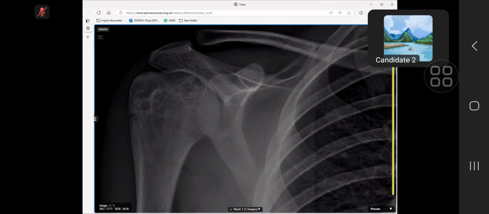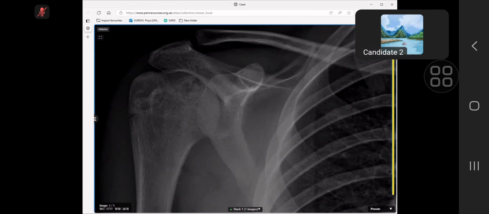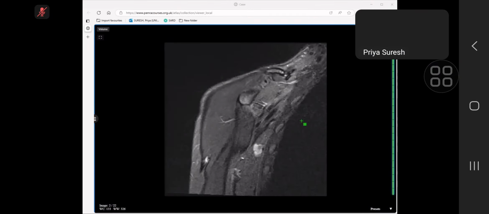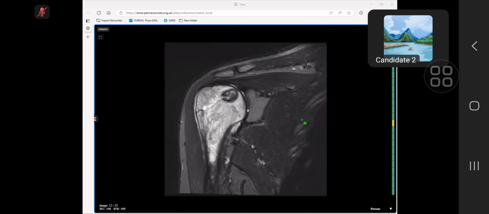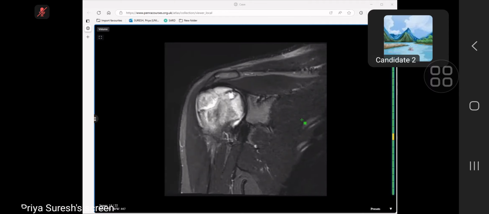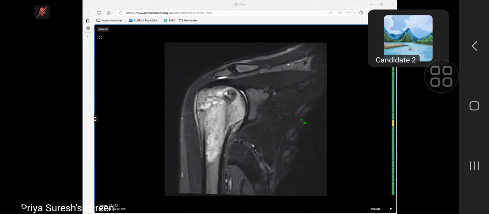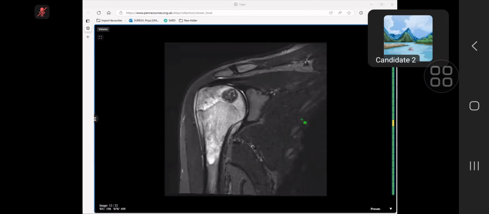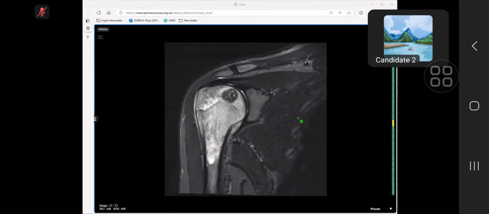What I'm going to do next, ma'am, is an MRI shoulder of this patient with contrast. In this MRI shoulder, I can appreciate a well-defined lucent hypointense lesion on the STIR imaging, and there is intense edema surrounding it.